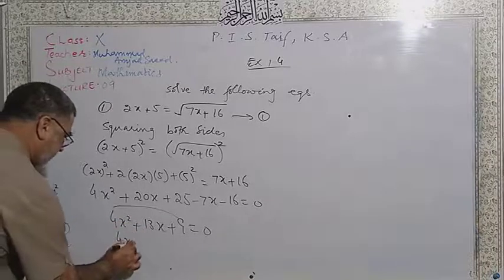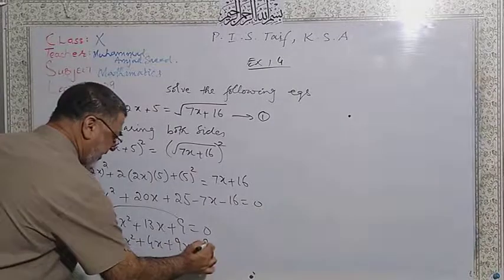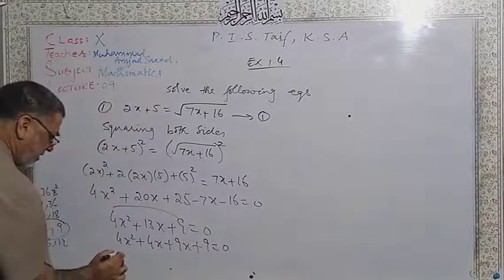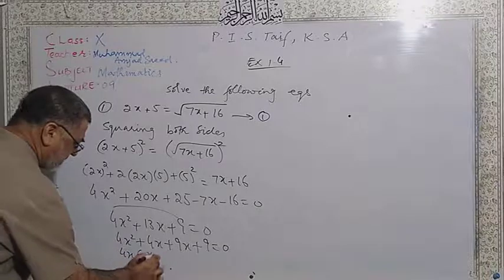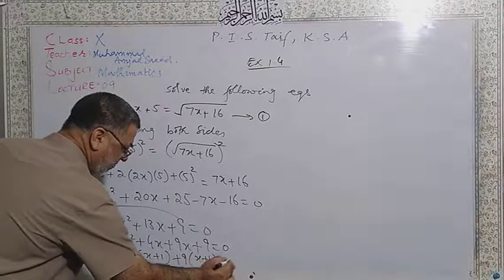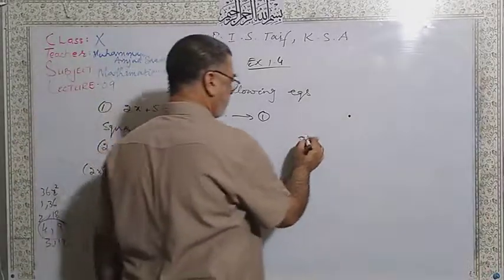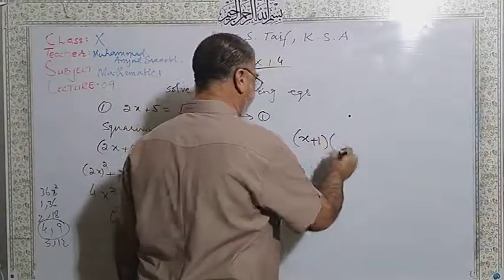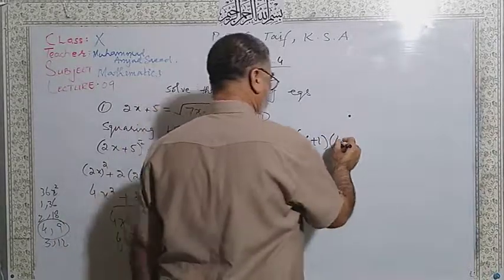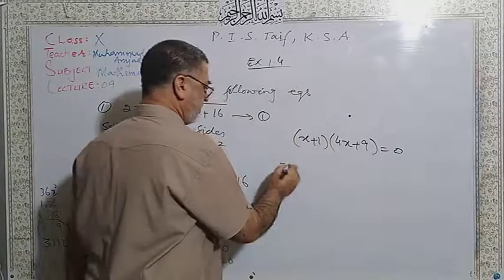Here is 4x square plus 4x plus 9x plus 9 is equal to 0. 4x common, x plus 1, plus 9 common, x plus 1 is equal to 0. Here you can write down x plus 1 into 4x plus 9, that is equal to 0.